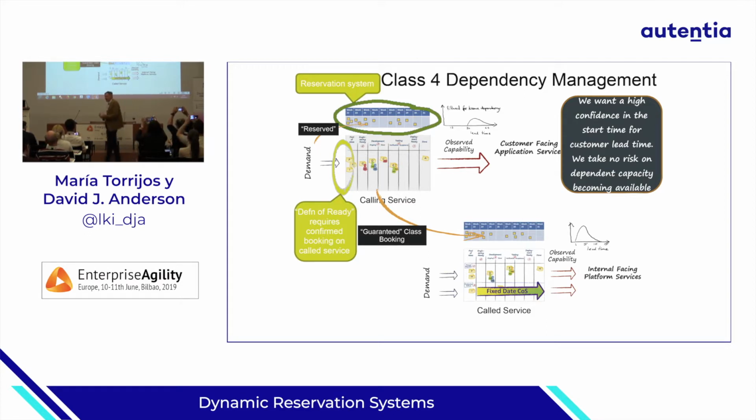They've got a higher cost of delay, there's a greater urgency, there might be other risks, and now we need a reservation system on both the customer-facing service and the shared service. So on the customer-facing side, the customer can say, I want capacity from you on week 23 and going forward.